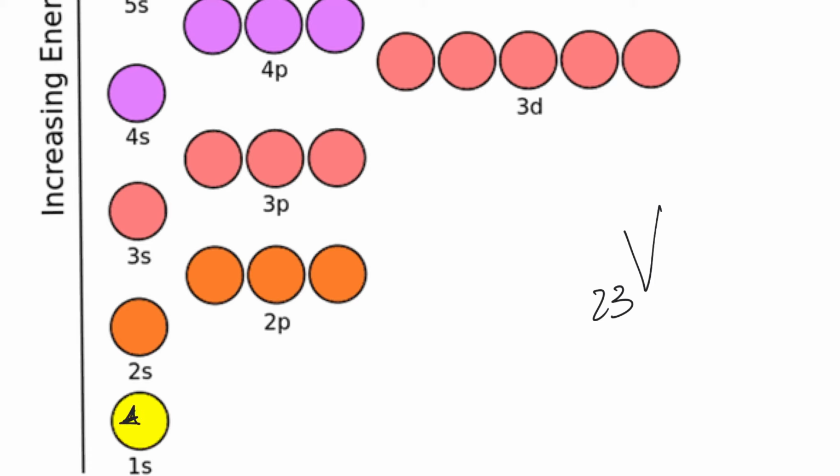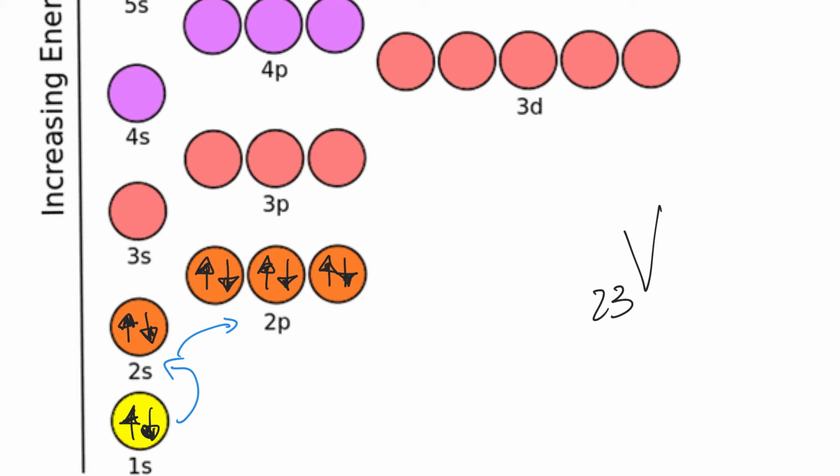So let's go ahead. We have 1, 2. Then we move up in energy from 1s to 2s. Then we have 3, 4. Move up in energy from 2s to 2p. 5, 6, 7, 8, 9, 10.